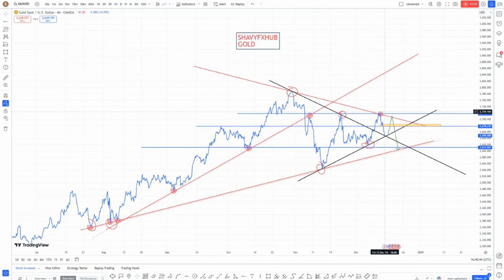If you are not in a sell trade already from high, if you are not selling high at 2,726, 2,725, or even 2,720, allow Monday to pass by. If you allow Monday to pass by, you will remember I warned you. Now market here is at a position of a buy. We have an ascending trend line meet a descending trend line.